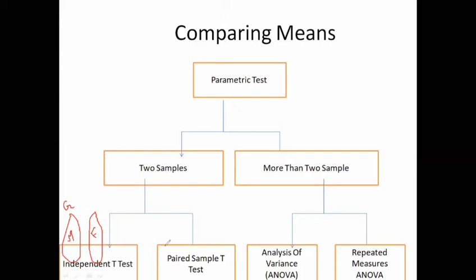Then we discussed when we have the same set of respondents, and we want to know if there is any significant impact of any kind of training program or session on them. Here the respondents are the same. In order to know the impact of any kind of treatment or training program on these two sets, we use the paired sample t-test.